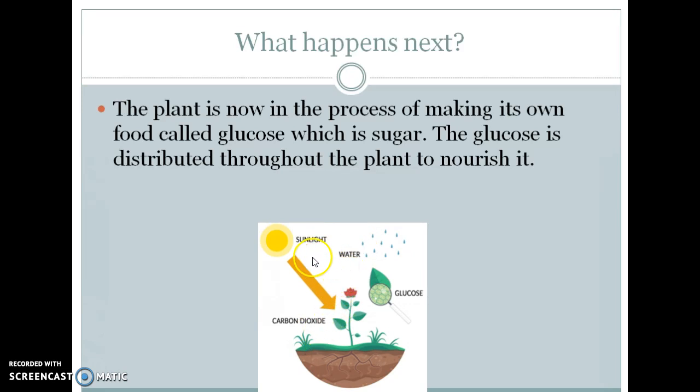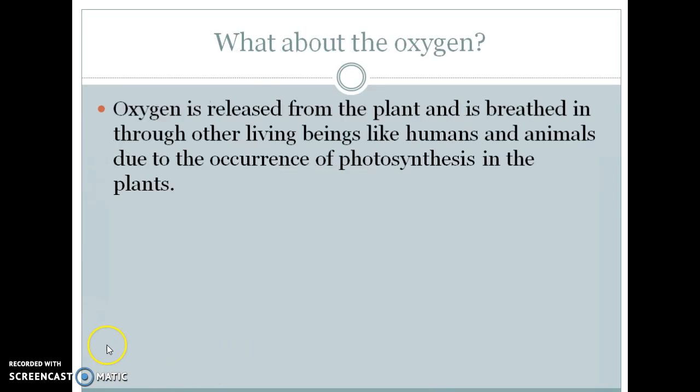And when the plant absorbs all of that, it creates the glucose, which nourishes the plant. What about the oxygen? Well, oxygen is released from the plant and is breathed in by other living beings like humans and animals due to the occurrence of photosynthesis in the plant.